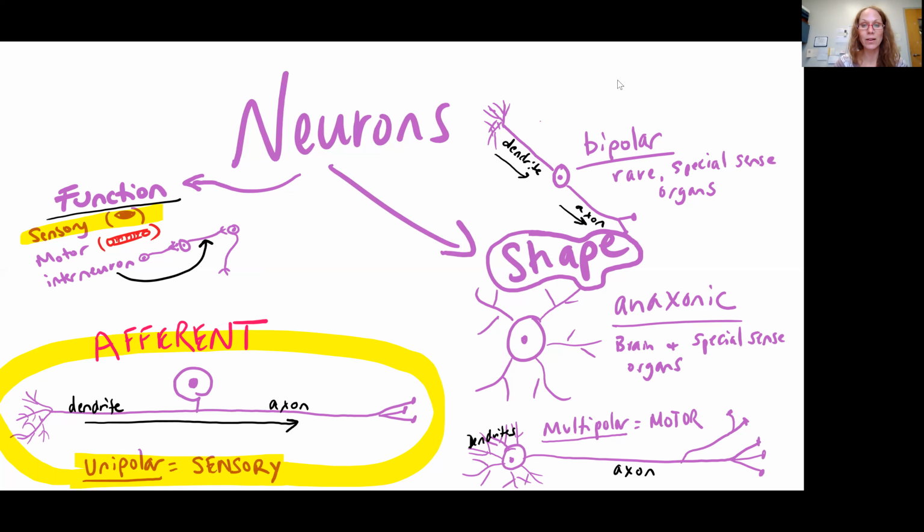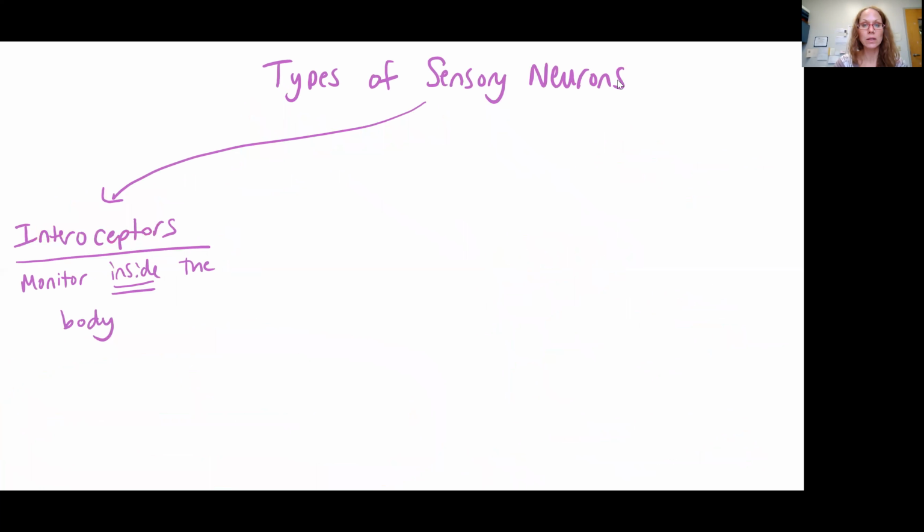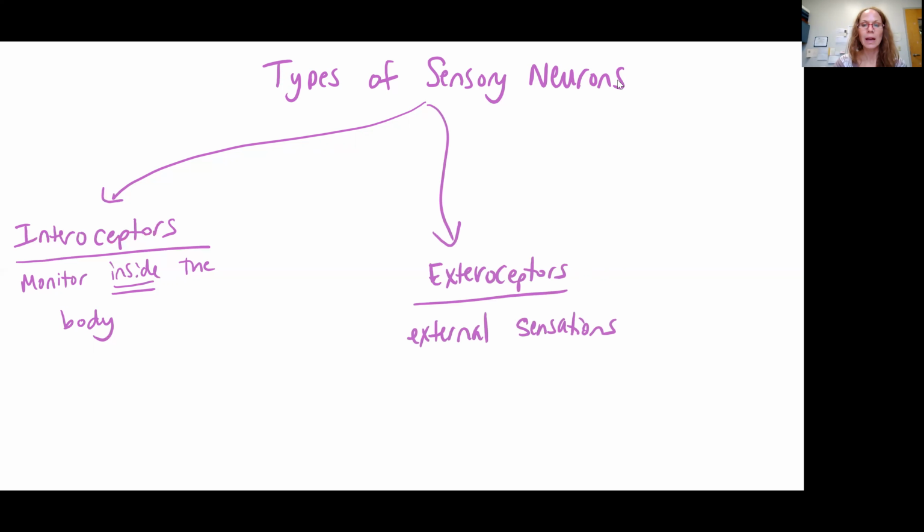We can organize these into different types. So we have interoceptors. These are going to be collecting information from the inside of the body. So maybe information about pressure or stretch, like pressure isn't like blood pressure, or stretch of organs, like your bladder's getting full or your stomach's getting full, or chemoreception, so looking at differences in pH, that sort of thing.